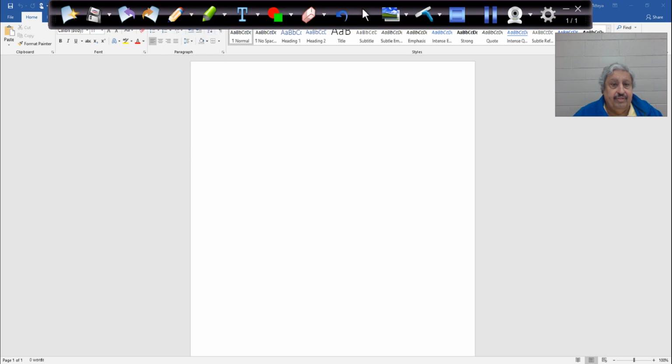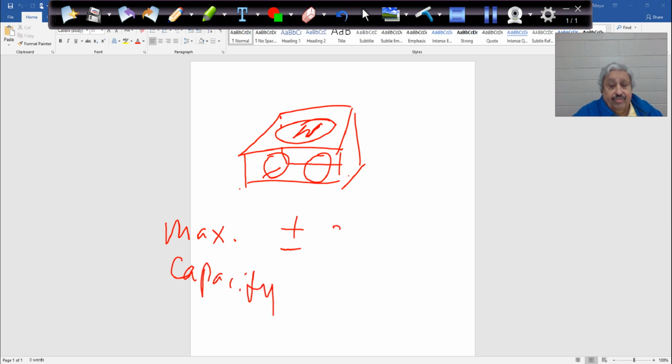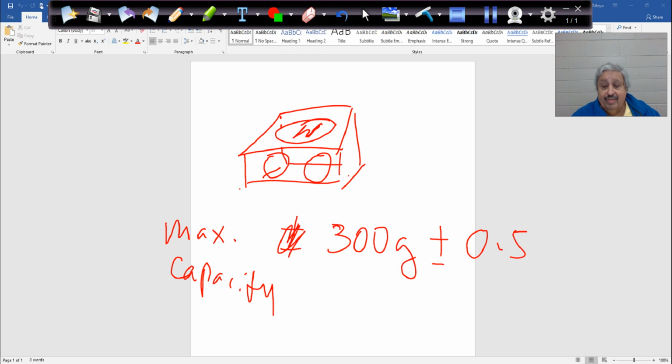The top load one, which looks like this, you will see in the lab. And here's the snap one for calibration. You put your stuff here on the tab and measure. If you look at the back, it will give you the maximum capacity: 300 grams plus or minus 0.5 gram.